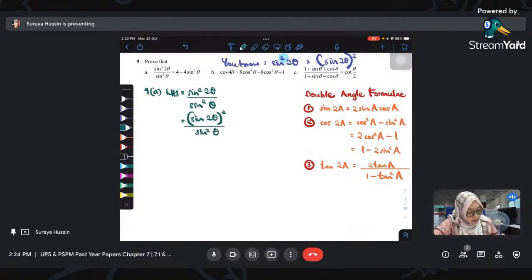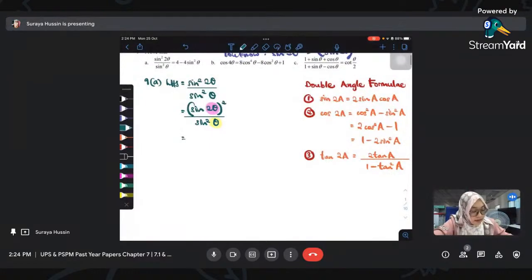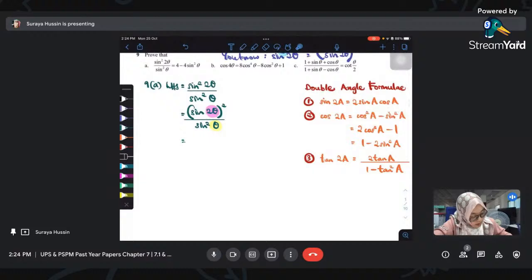And remember, this is a different angle. Bawah theta, atas 2 theta. Both are different angle. So sine 2 theta, you boleh pakai yang ini, double angle. So what you have to do is that just use the first double angle punya formula. You will get 2 sine theta cos theta, the whole thing squared, divided by sine squared theta.